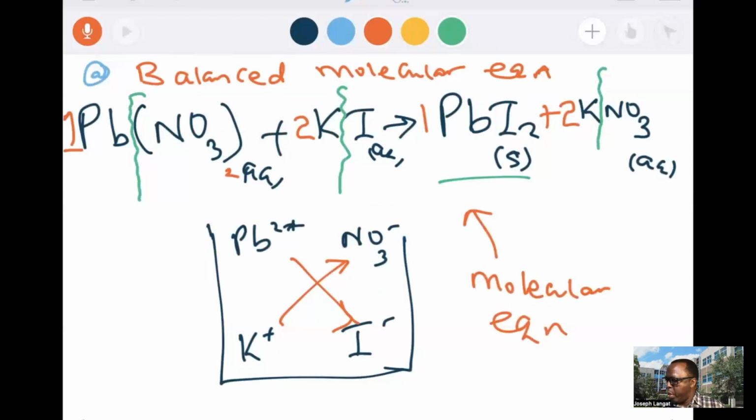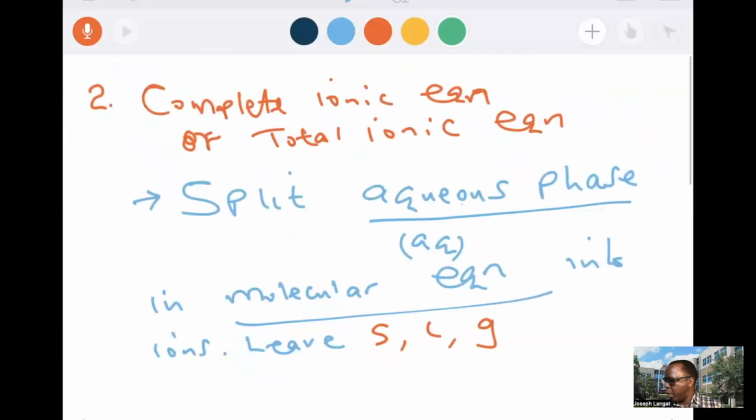And remember, this is +2, this is -1, this is +1, this is -1, and we don't split this one. So in terms of ions, what you'll end up with in this case will be lead 2+, and you have to indicate the physical state, aqueous, plus nitrate.